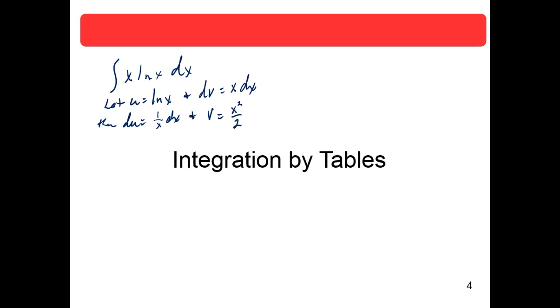Then what you do, this integral up here, this is a result of the product rule. The product of these two, so this is equal to the product of these two, which would be x squared log x over 2, minus your bottom line here.